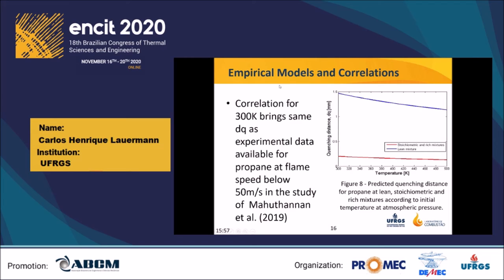And plotting the quenching distance for propane using these exponent constants, we can compare with the experimental data available for propane at a flame speed of 50 meters per second in the study of Manhattan, and the value is almost the same, which was 1.5 millimeters.